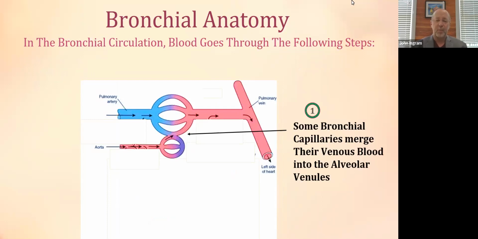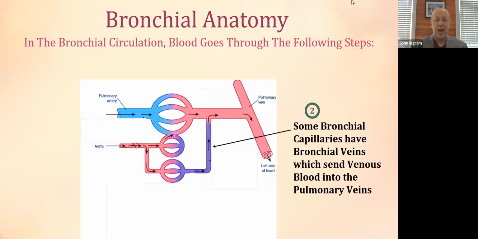But what becomes interesting is that instead of this now venous blood from these capillaries going back to our venous system, some of these bronchial capillaries directly fuse into the alveolar capillaries and empty their venous blood into the pulmonary veins, mixing with the oxygenated blood there.